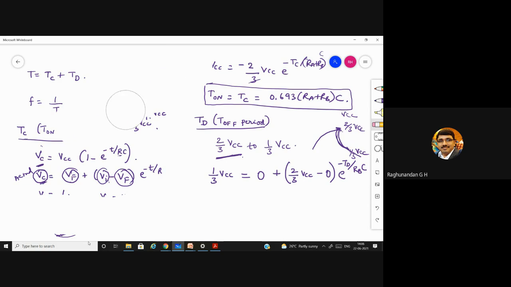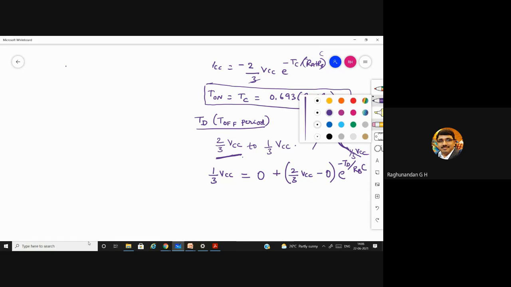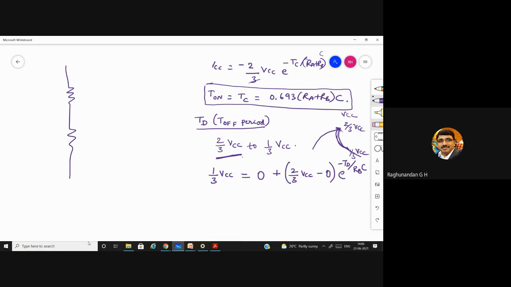Okay, let me write it neatly. This is RA, RB, and this is our capacitor, which has voltage VC.